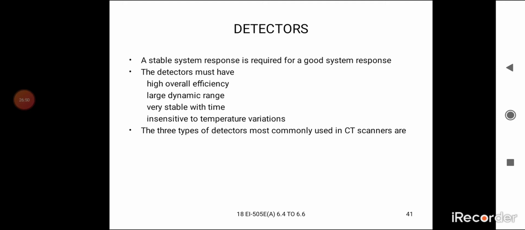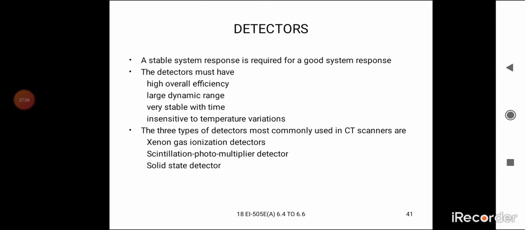The three types of detectors most commonly used in CT scanners are xenon gas ionization detectors, scintillation photomultiplier detectors, and solid state detectors.